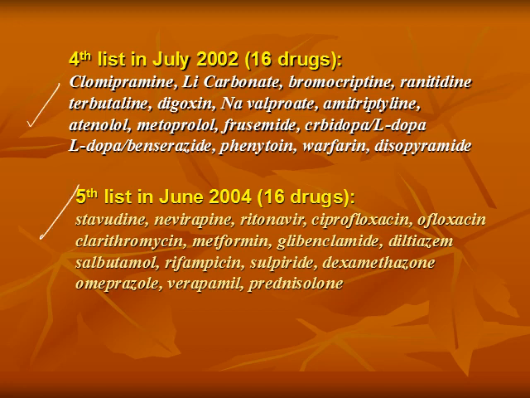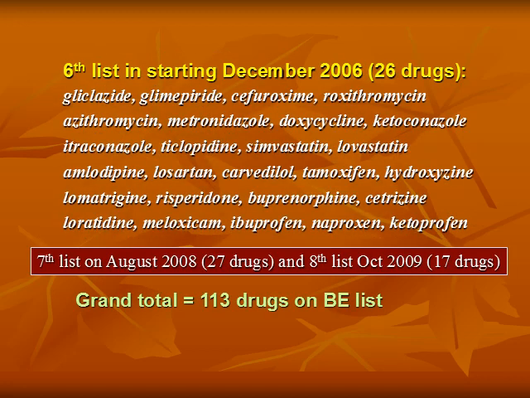You don't need to remember all the drugs in specific years. The sixth list in December is included here, and we have more to come. In total, until 2009, 113 drugs are on the bioequivalence list.